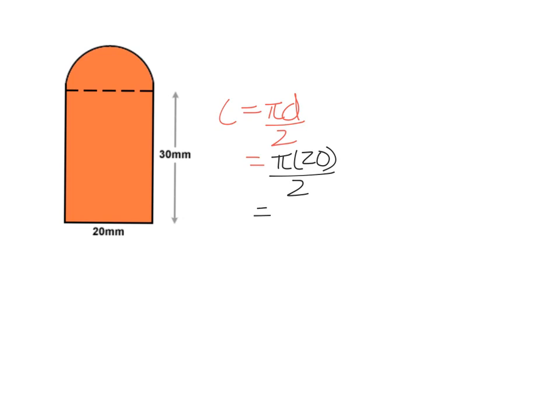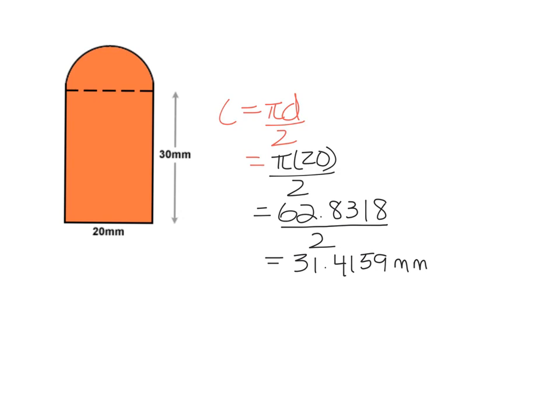So now I got to work out pi times 20, and I get 62.8318, and I'm just going to keep 4 digits after the decimal so that when I round, I can round later to the nearest tenth, divided by 2. Then I do the division, divide by 2. I get 31.4159. So that is the circumference of the semicircle. That tells me this line here.